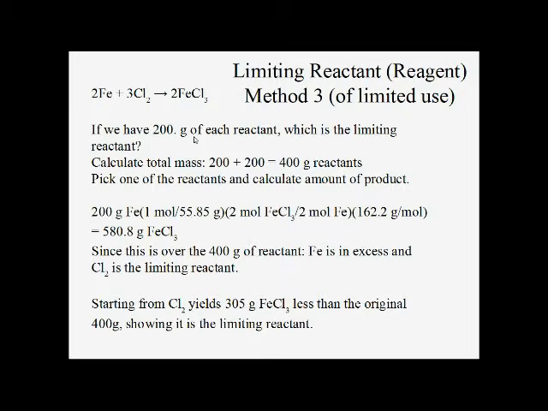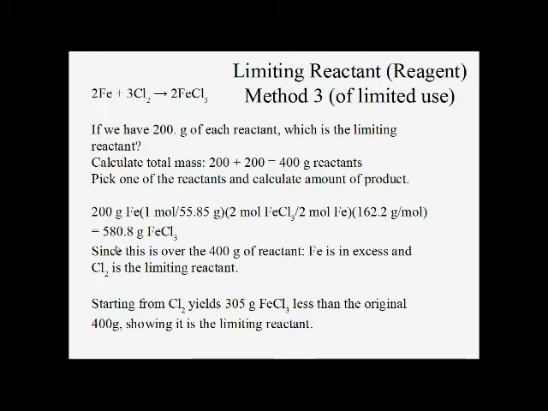So if we have 200 grams of both iron and chlorine, we're producing iron(III) chloride. We have 400 grams of reactants. If we pick iron to calculate first, we divide by molar mass, multiply by the stoichiometric ratio, multiply by the new molar mass, and we get 580 grams. This is greater than 400, so this is not possible.